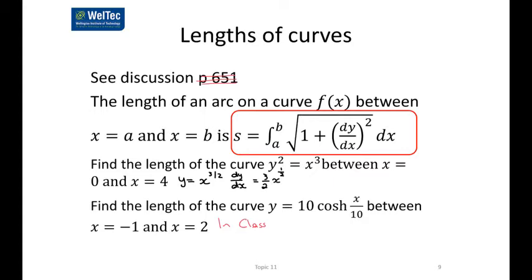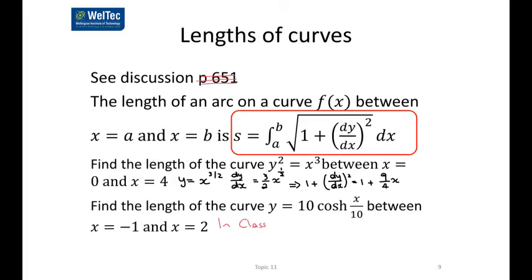So then the bit under the square root sign, so then we've got 1 plus the derivative squared. Now it's not the second derivative, it's the actual derivative squared. So it's going to be 1 plus 3 over 2 x to the half squared, which would be 3 over 2 squared is 9 over 4. X to the half squared is just x. So now we've got what we need to integrate.